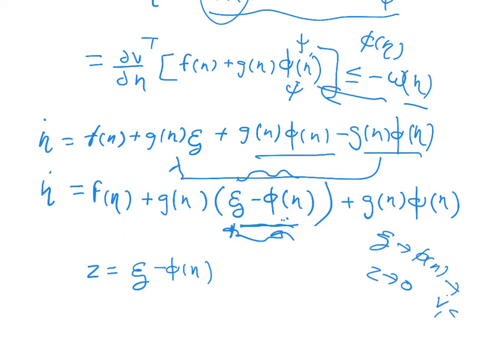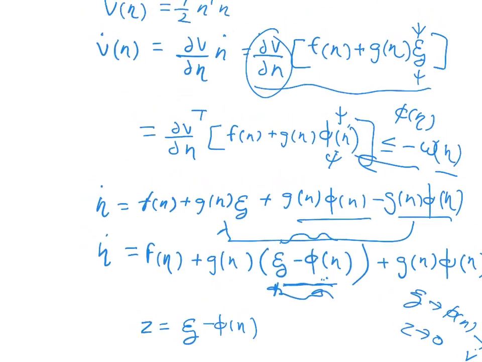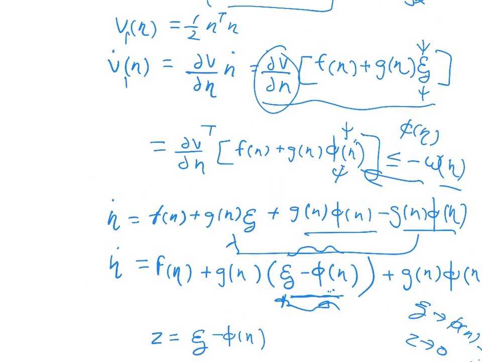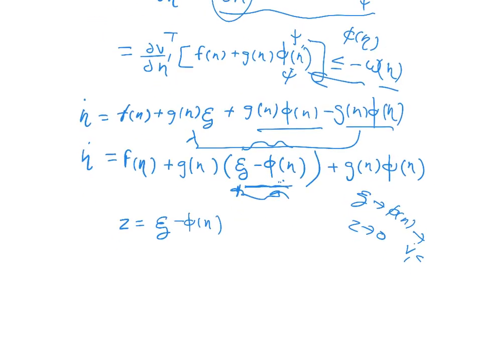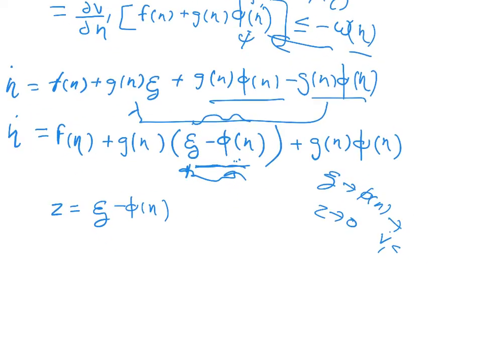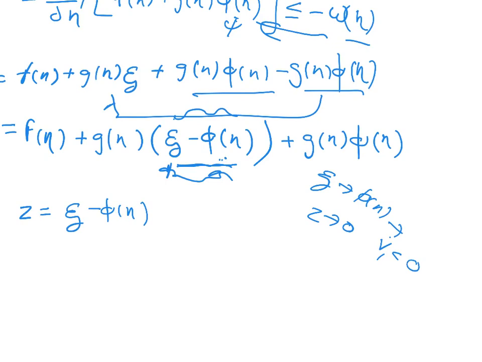We will call it V1 dot, so that we can refer to it later. So V1 dot is less than 0. That means eta goes to 0, right? So far, we have gone from here to there, right? So this, then this, and then this.